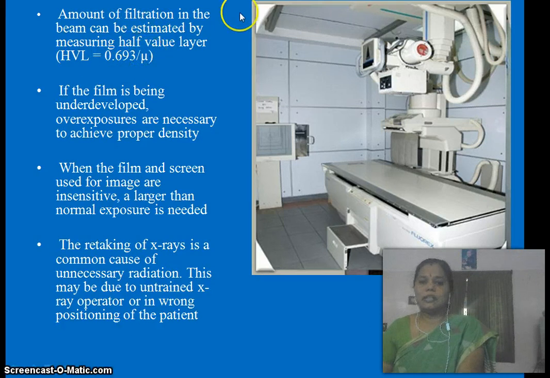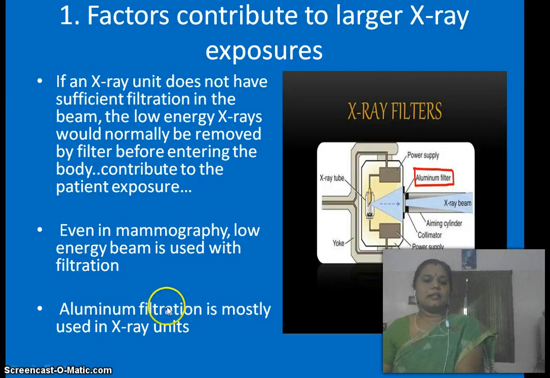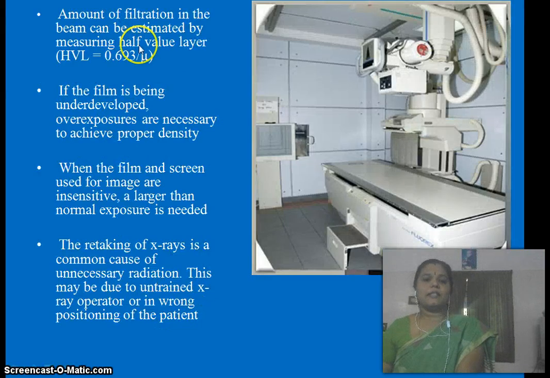The amount of filtration or the thickness of shielding can be calculated from the linear attenuation coefficient. So the first predominant factor is the filter. I have to make use of the aluminium filter, and this amount of filter can be calculated from the half value layer. And the second factor is, if the film is underdeveloped or if the film and the screen are insensitive, then unnecessary radiation may be exposed to the patient.